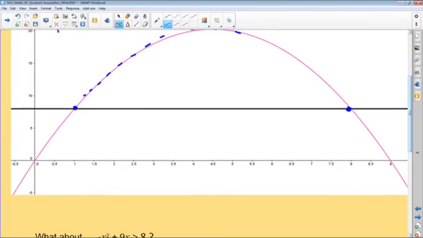Okay, so you will have, this is 1, and then this is 8. Okay, how do you read it off?